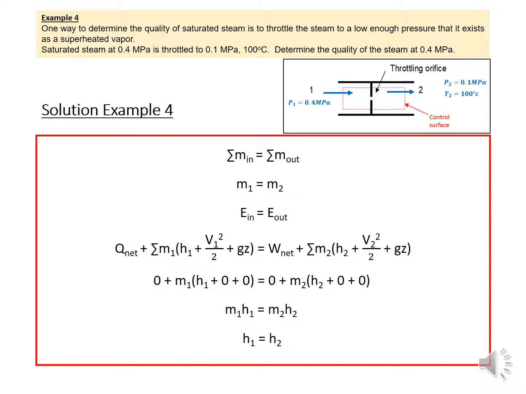M1 equals M2 because it is a single pipe, so the mass that enters the system equals the mass out of the system. So we can simply cancel out M1 and M2.